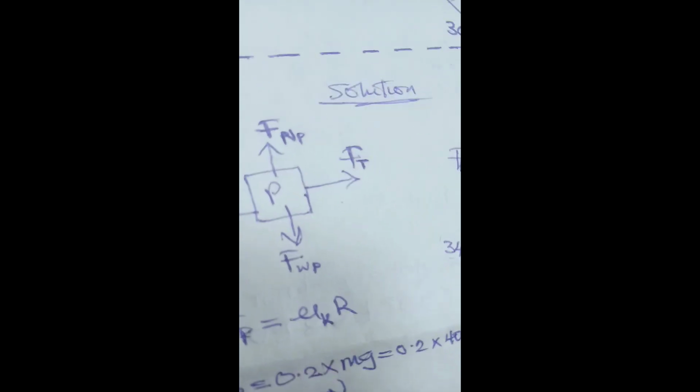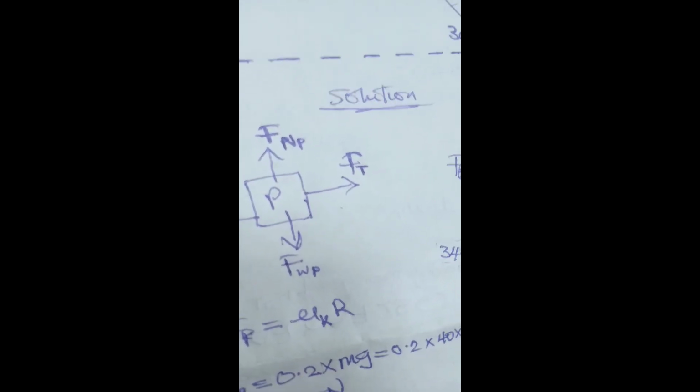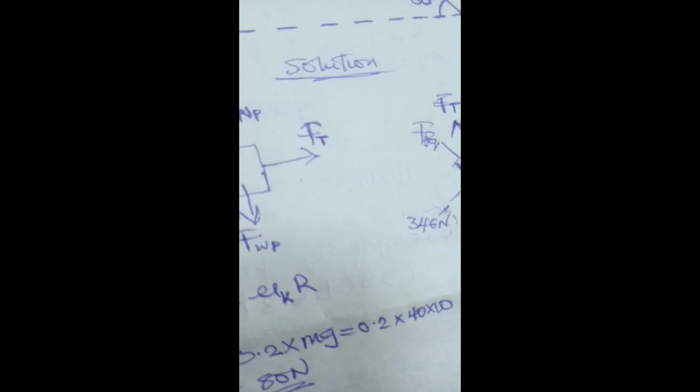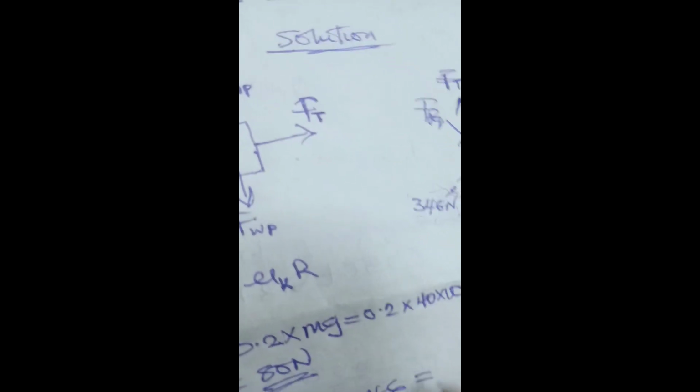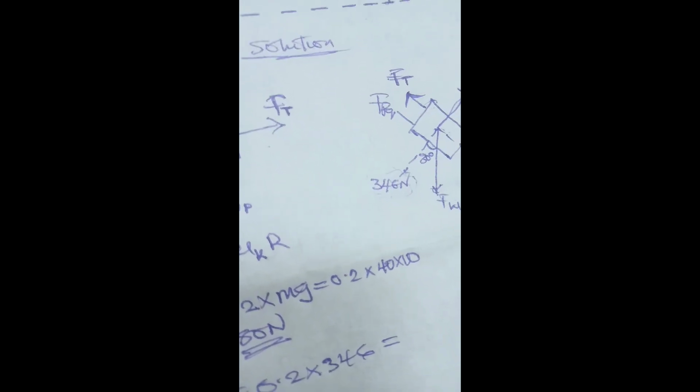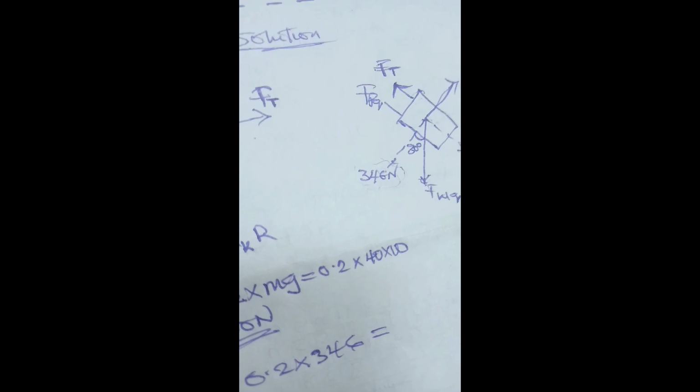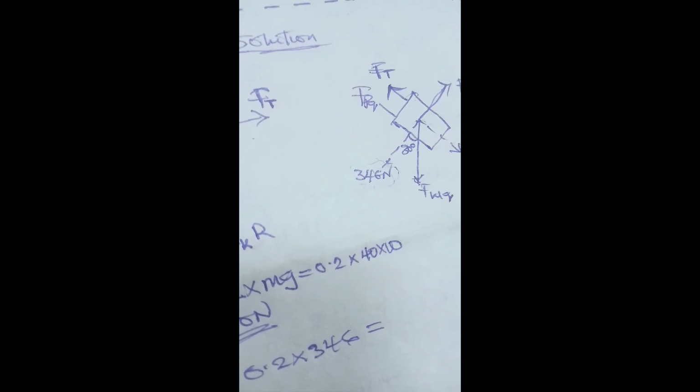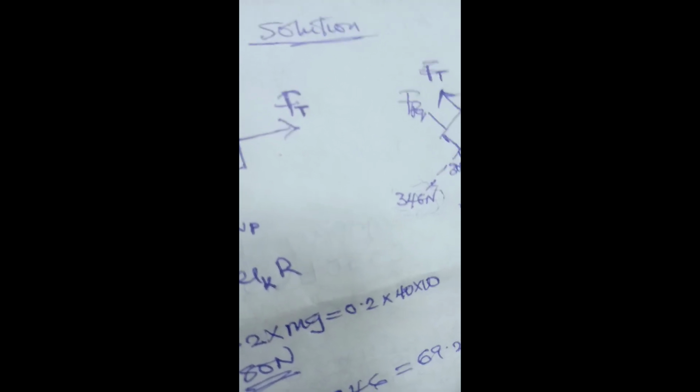So that's 346 times 0.2. That's going to give us 69.2, approximately 69 Newton.